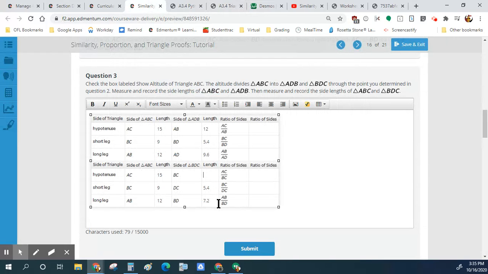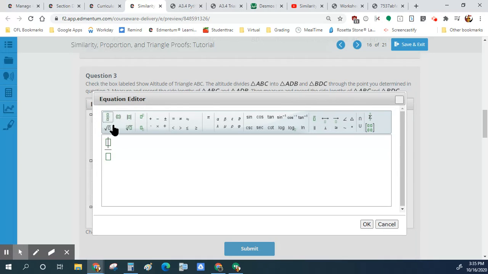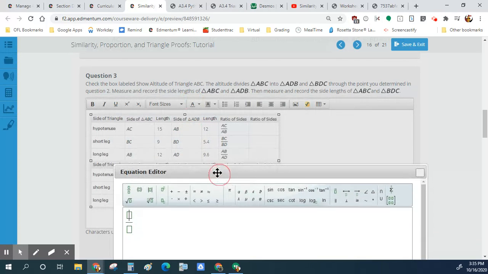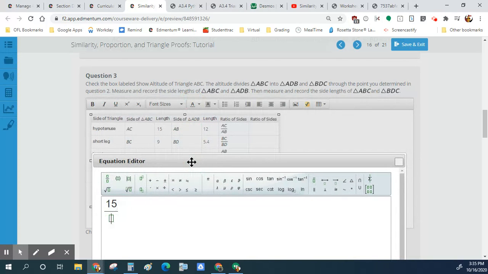So a lot of overlapping there, guys. Luckily, the reason why they had you do it 3 times is so it's nice and easy to do the hypotenuses over the hypotenuses. So if I do this, make sure you use your little fraction tool. We're going to do 15 over 12.